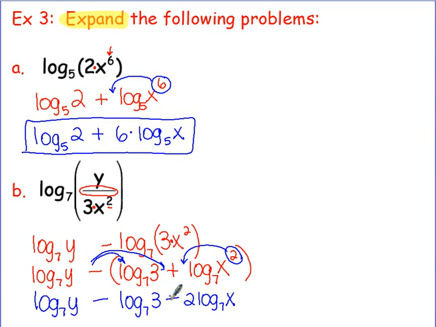Now this was a lot of work and I want to kind of show you a few things that came out of this. If you notice, we ended up with 1, 2, 3 logs. Well, that's because we had 1, 2, 3 large items inside the parentheses. So 3 items, 3 logs. 4 items, 4 logs.